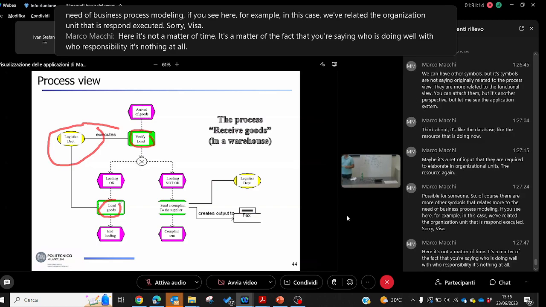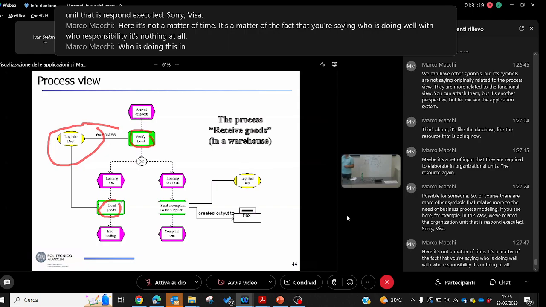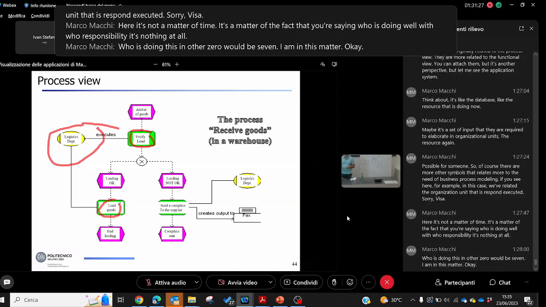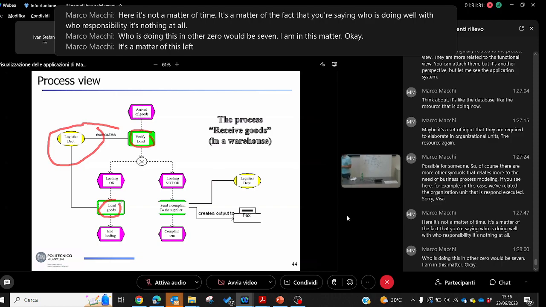It's a matter of who is doing this function. In IDEF0, it will be set as a mechanism. I am doing this function. Okay? In this, it has another representation. It's a matter of this language. So we can make a break, okay?